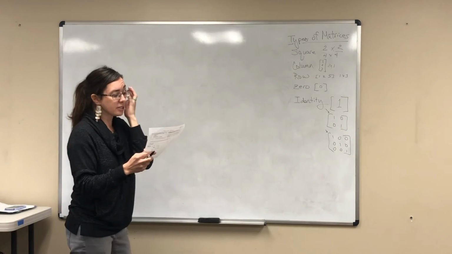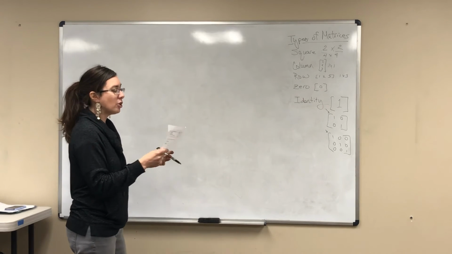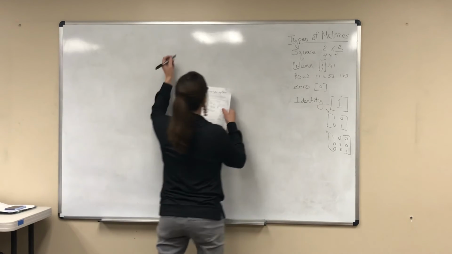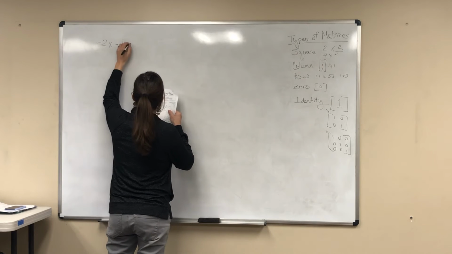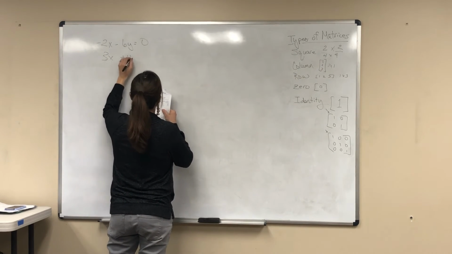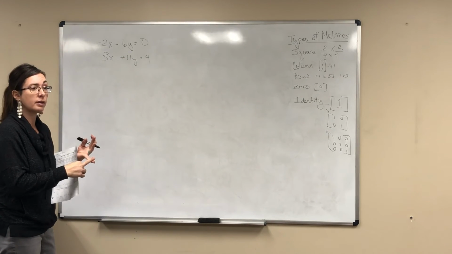To solve a system using a matrix, we used to do it when we had a linear system, so let's look at that. Our old way for negative 2x minus 6y equals 0 and 3x plus 11y equals 4, we had two different options. We could substitute, right?